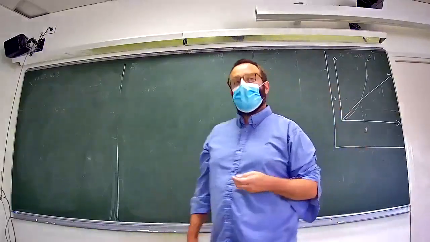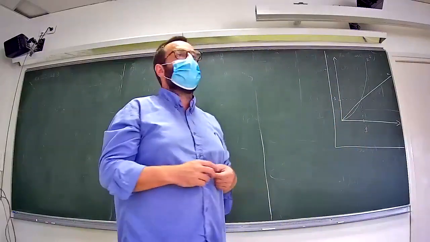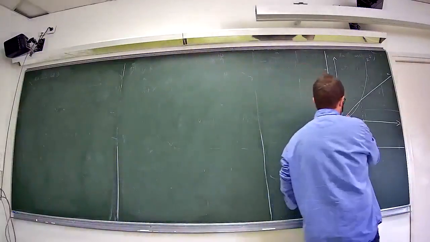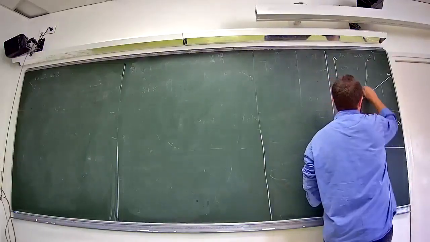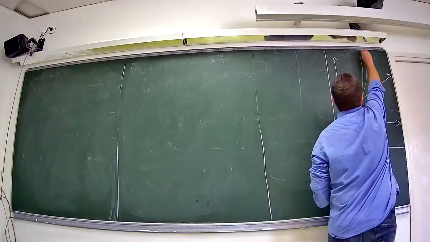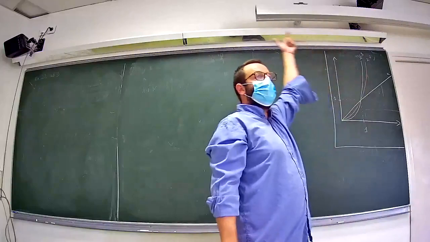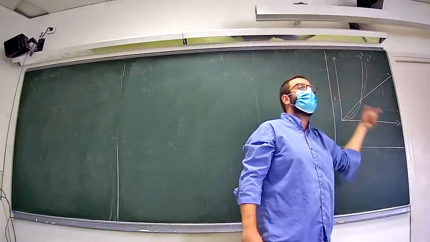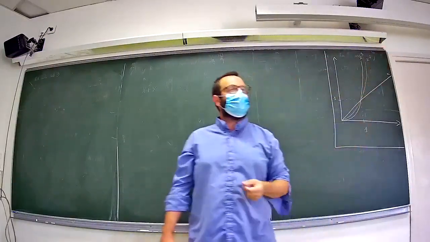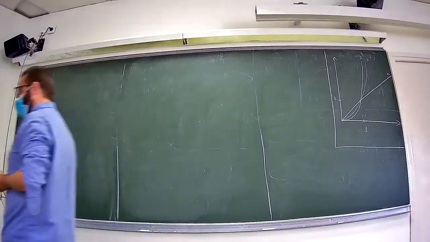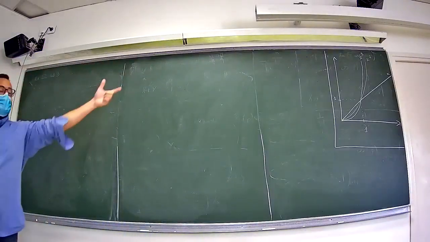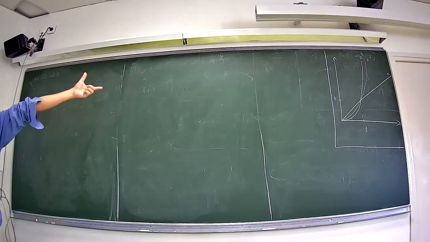And I can continue. X to the power 3, I will obtain something like this, and so on. So it's a very bad picture, but the idea is just to have the intuition about this fact. And you are going to see why I plot this one in a few seconds.